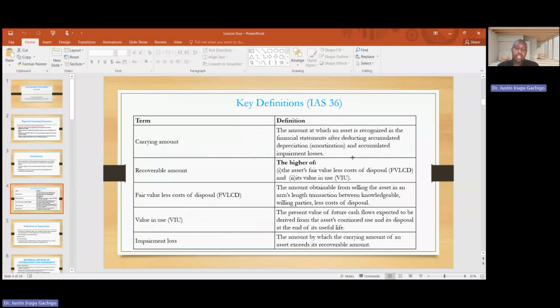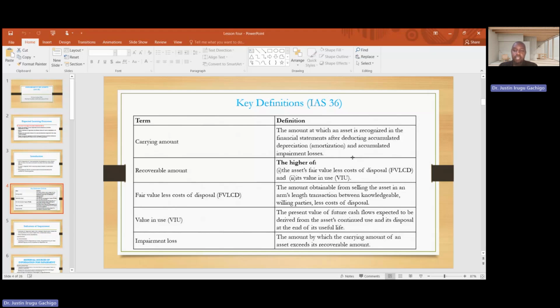In short, it is the cost of an asset minus the accumulated depreciation. Remember, we normally depreciate an asset on a monthly basis. That monthly depreciation accumulates to form the accumulated depreciation, which is posted in the balance sheet. Then you have the recoverable amount.